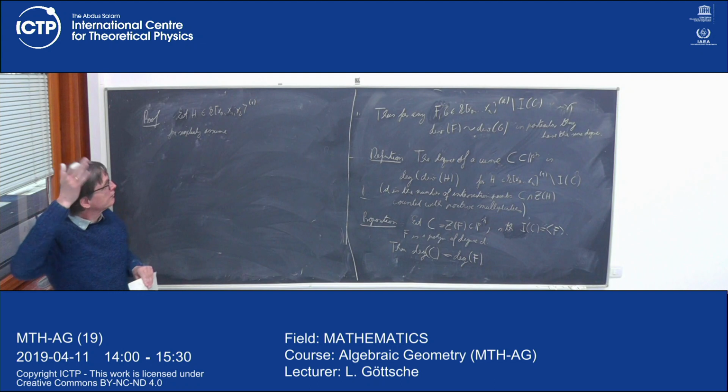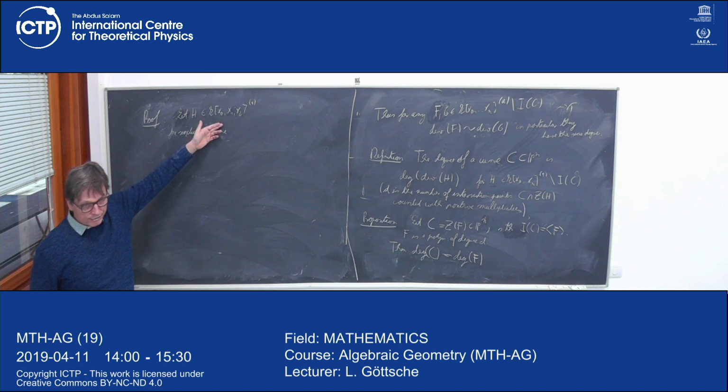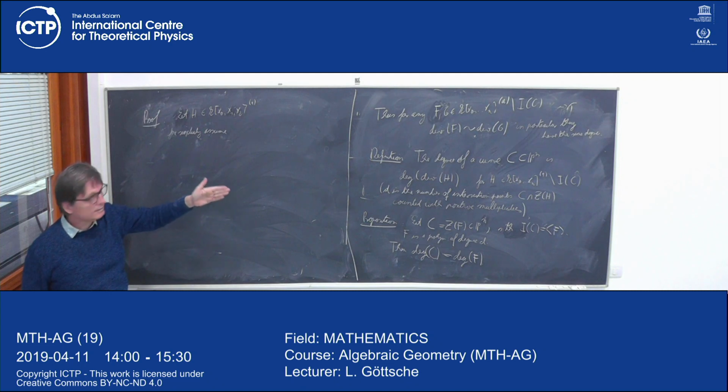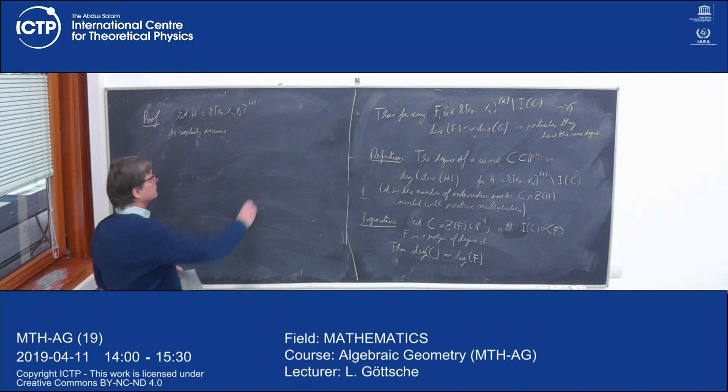So therefore there will be some hyperplane which does not contain any of the intersection points, and then we could make a projective linear transformation which makes that the line at infinity. So we can assume that these points lie in U0.